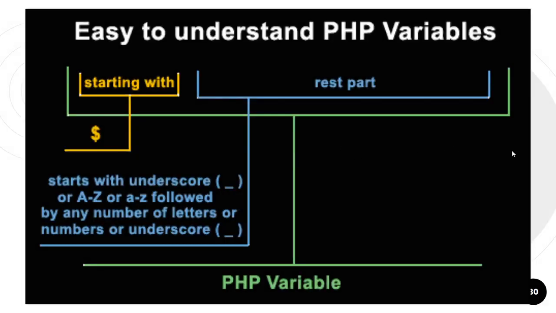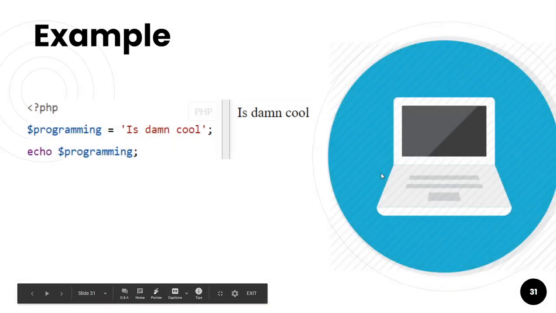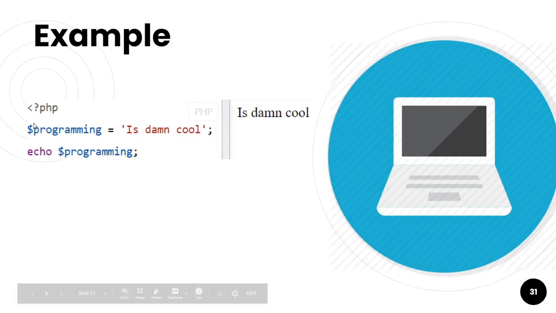Here is a little infographic for you to understand. Remember, start with the dollar sign, and then follow it with whatever else, usually A to Z or numbers or underscores. This forms the entire PHP variable. So this is an example of a variable. The cool thing is you can call the variable whatever you want.